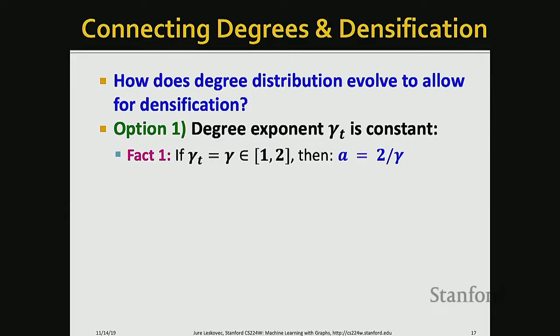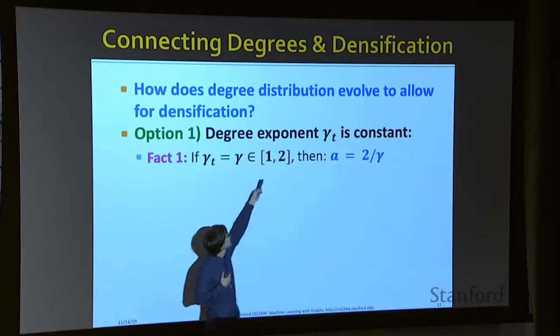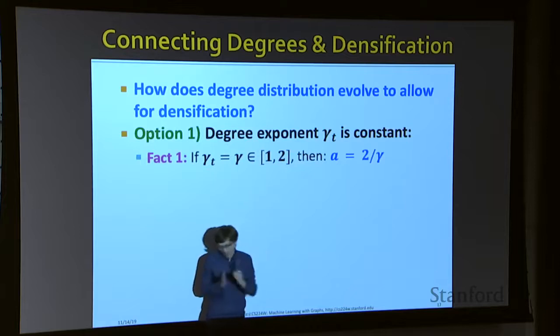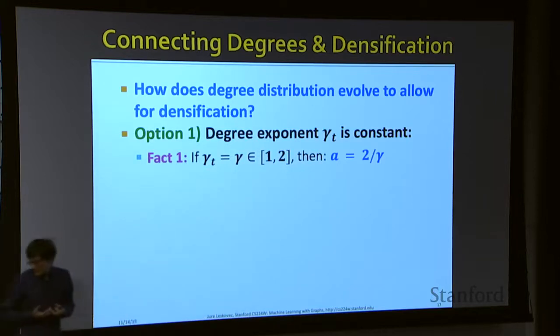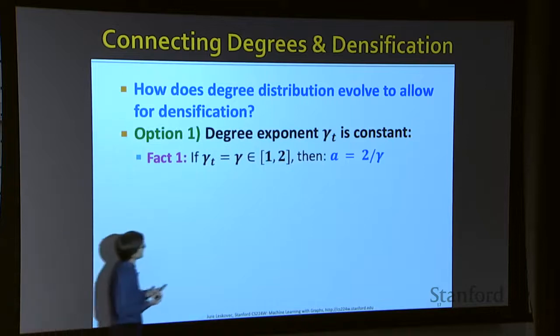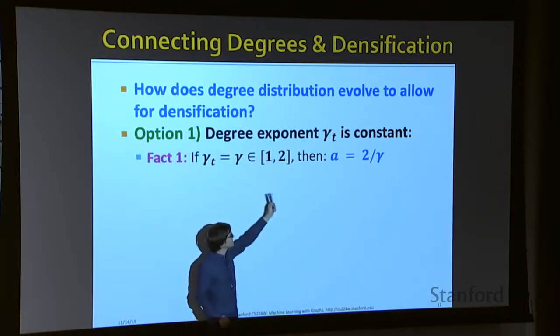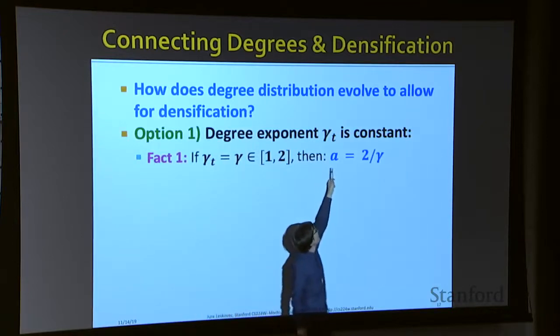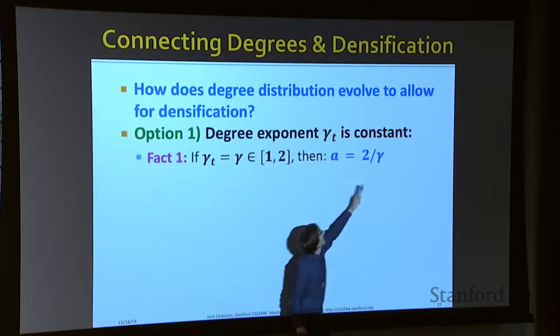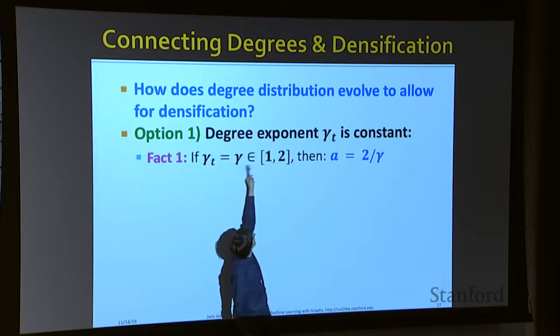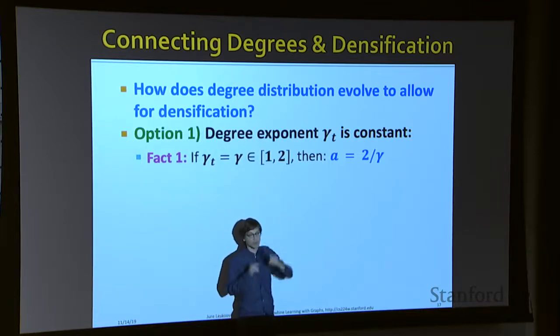What you can prove is that a degree distribution with an exponent between 1 and 2 has infinite expectation. For these distributions, the densification exponent will be 2 over gamma, where gamma is the slope of the distribution and has to be between 1 and 2.